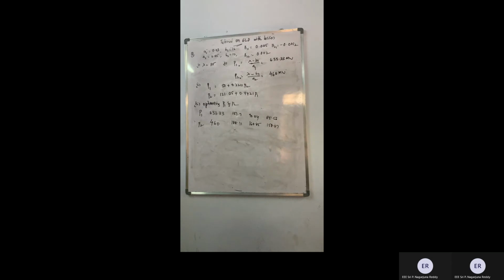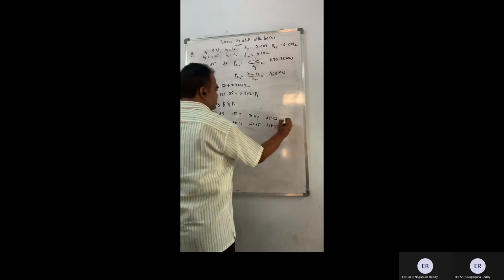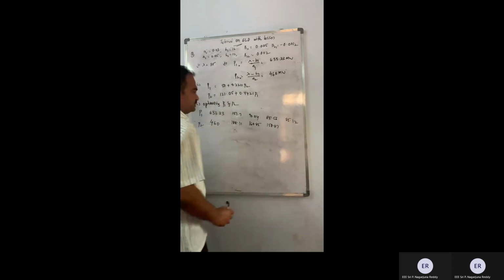158.87 into 0.2211 plus 50. It is 85.1. See, finally I have got a convergence now. It is closer.